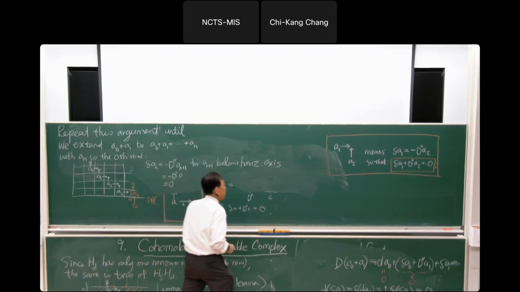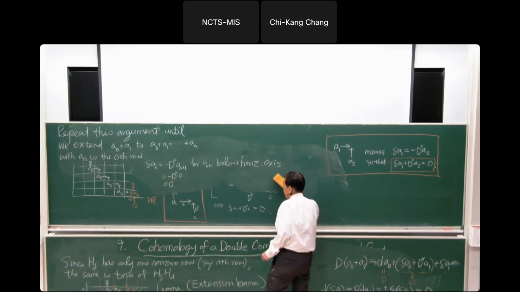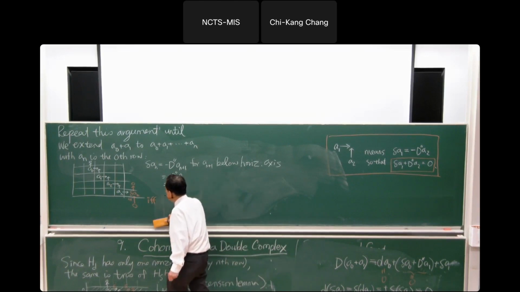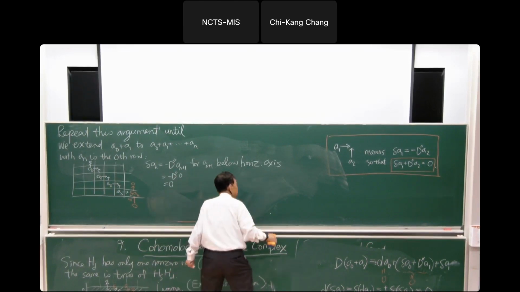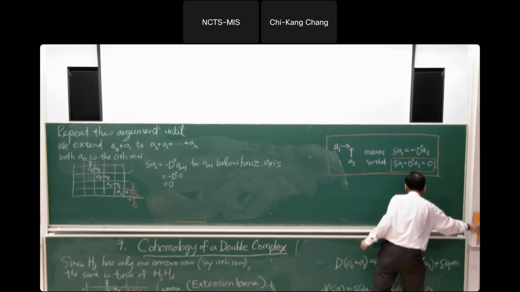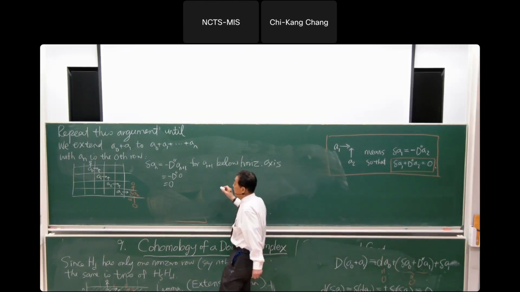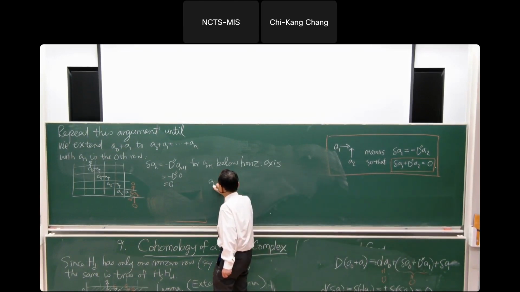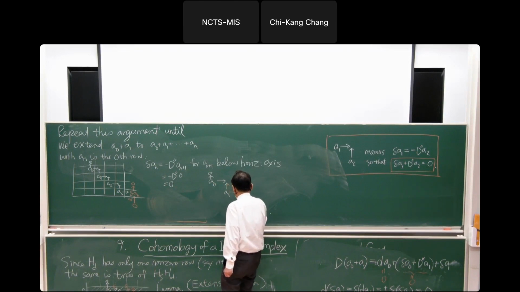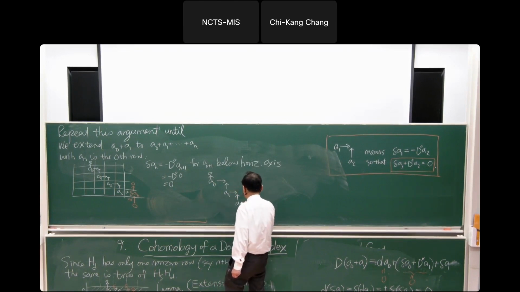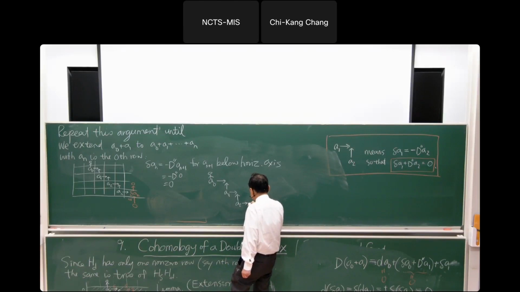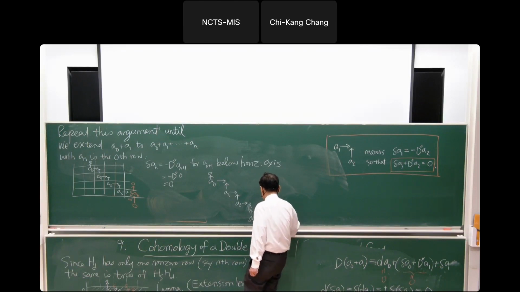And so that gives you a cocycle. Because now you have a picture like this, A0 going up to 0, and then A1, A2, and AN, and this goes to 0.